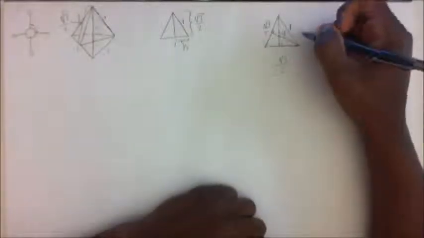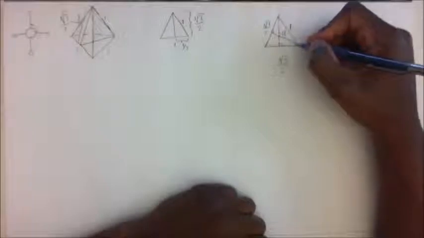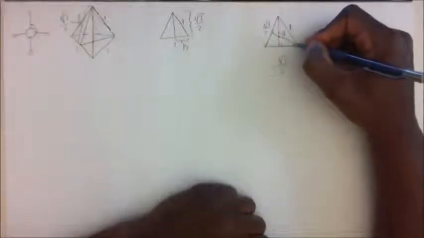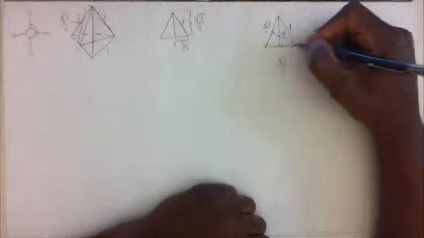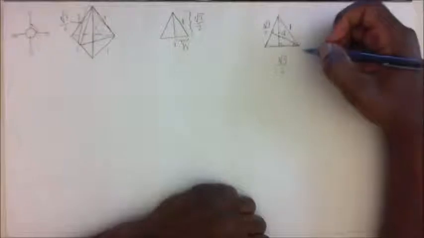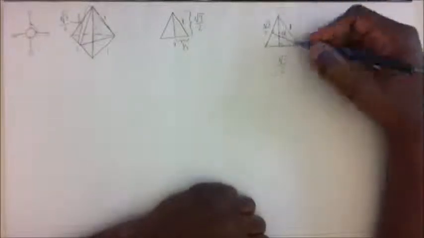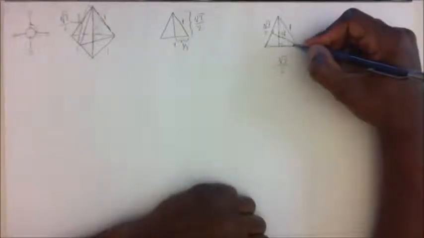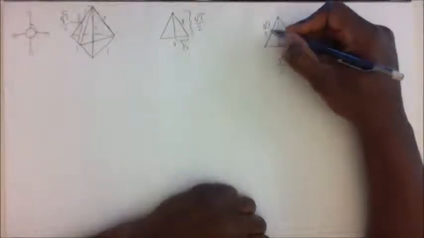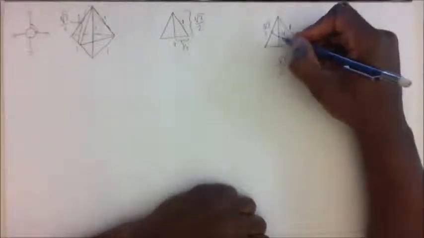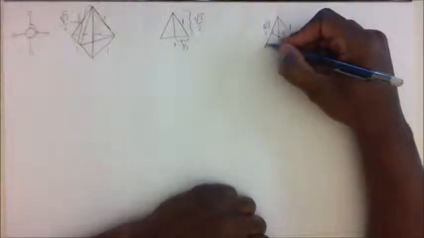Now I know that this angle here belongs to both this triangle as well as that bigger triangle. So they both share that angle, and they both share a right angle, which means that this angle and this angle must be equal.